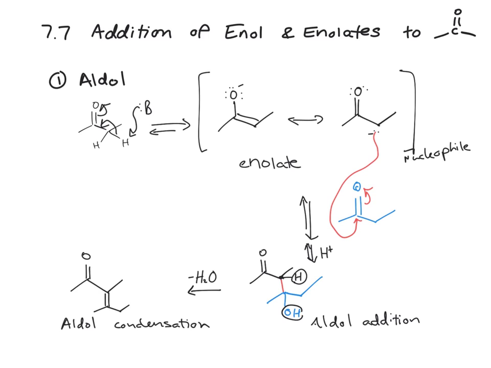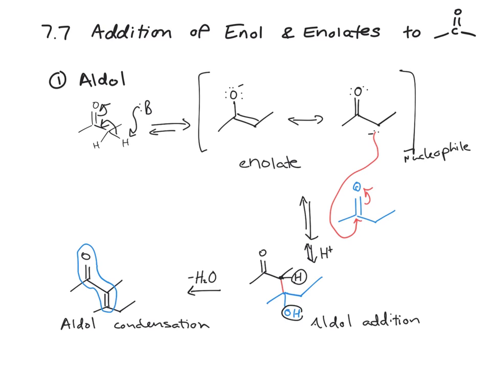So normally for ketones, the aldol addition product is not favored, but the condensation part, where you dehydrate and you lose water, thermodynamically can drive that reaction all the way to the aldol condensation product. And the reason is the formation of this conjugated system here, which is energetically favorable.